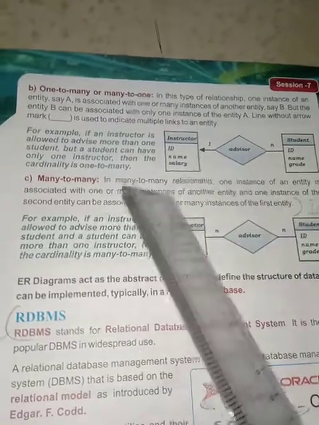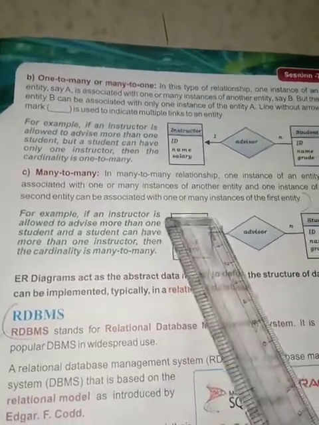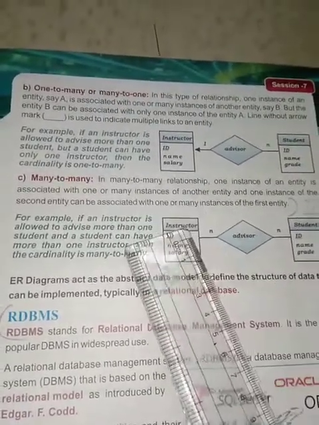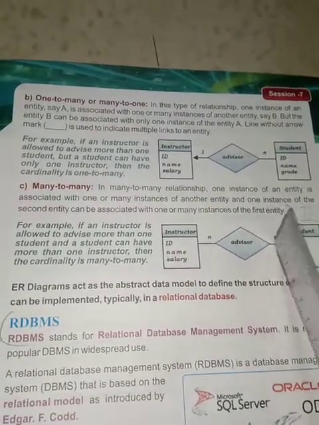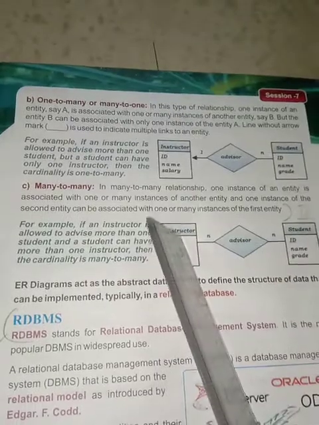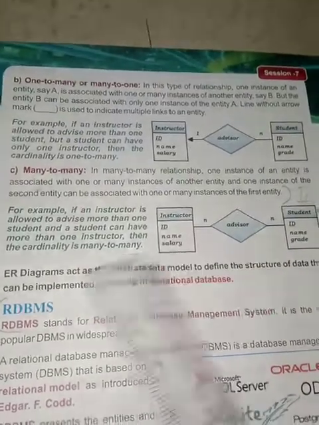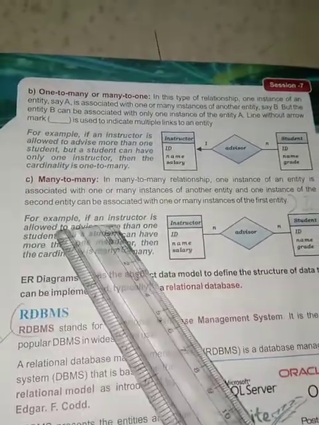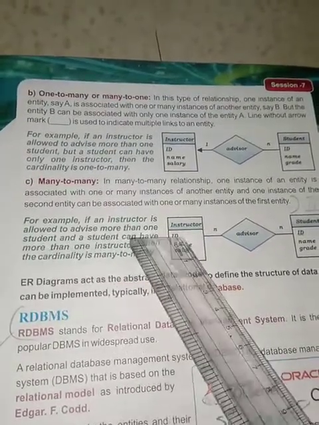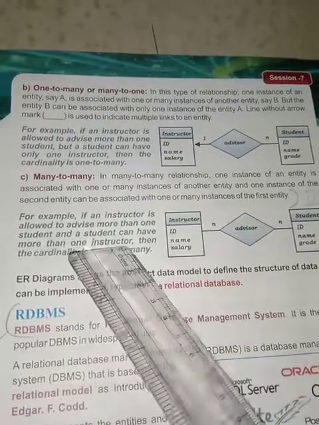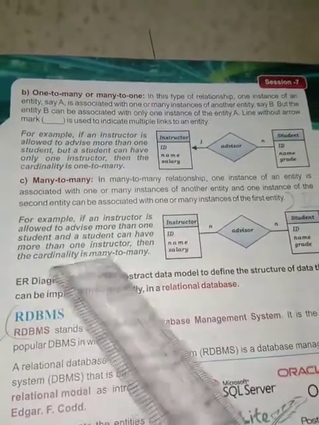This means the first entity can be linked to n number of entities, and the second entity can be linked to n number of entities. For example, if an instructor is allowed to advise more than one student and a student can have more than one instructor, then the cardinality is many to many.